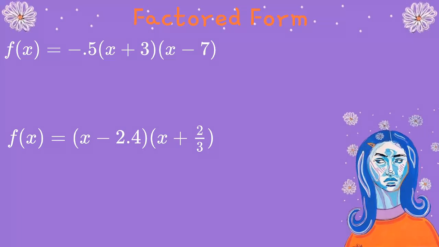Okay. In factored form here, we can see that the a value is -0.5. That tells me that it is going to be upside down because it's negative, and it will be compressed because a is between -1 and 0. If a is 1, it's neither compressed nor stretched.